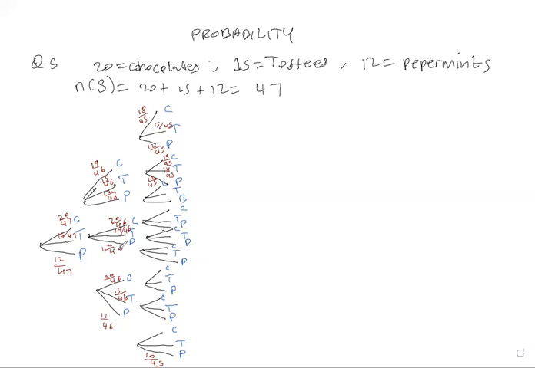Now, what do we have in the sample space? The sample space has, at this stage, C, isn't it?